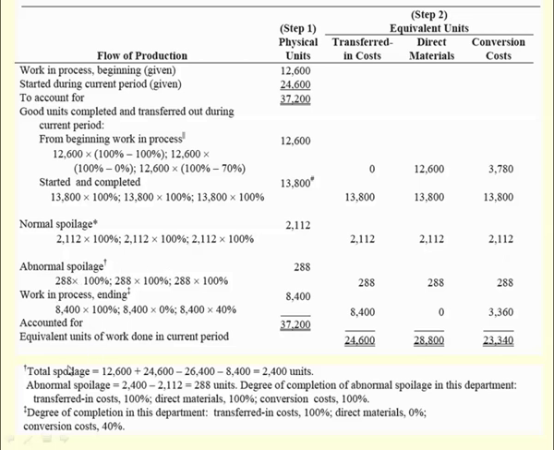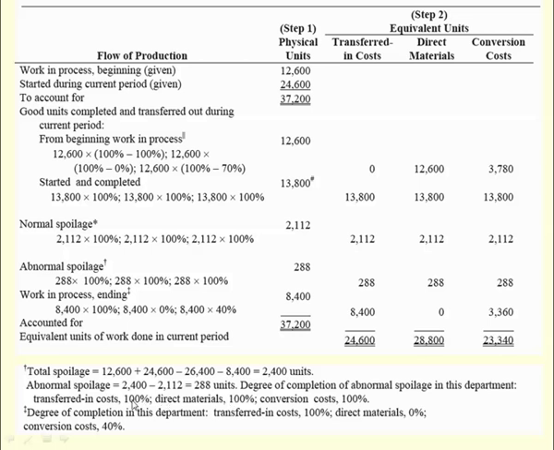Abnormal spoilage, calculated as: first we need to calculate total spoilage, 12,600 plus 24,600 minus total number of good units, 26,400 minus work in process ending, 8,400, which equals 2,400 units. To calculate abnormal spoilage, we deduct 2,112 units from 2,400 units, which equals 288 units.